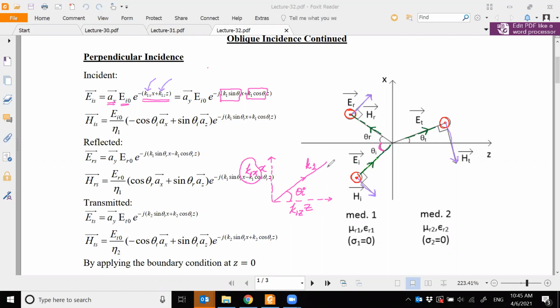So this is my direction of propagation, an arbitrary direction, and the propagation constant magnitude is K1.